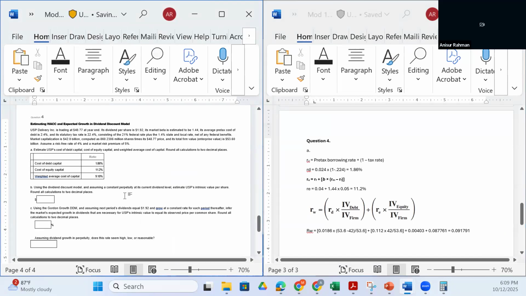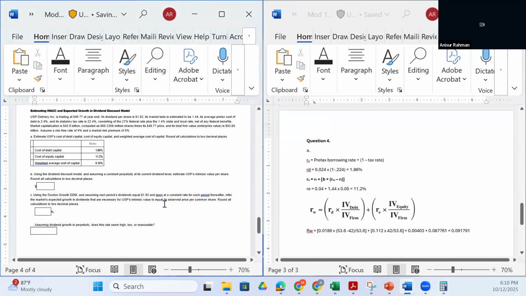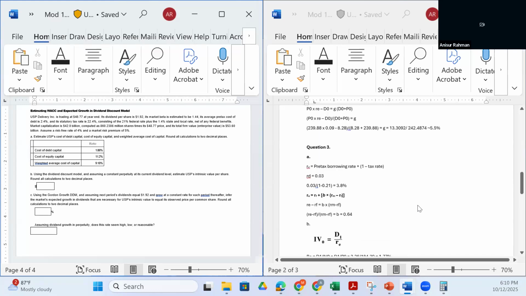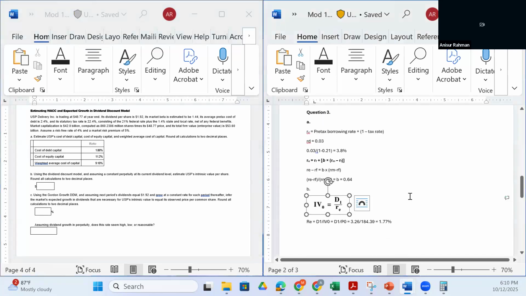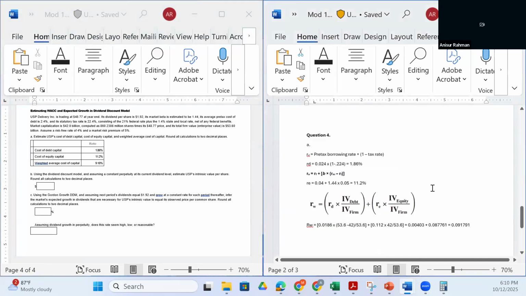Now, using the dividend discount model and assuming a constant perpetuity at its current dividend level, estimate USP's intrinsic value per share. So you have to use constant perpetuity at the current dividend level. So constant perpetuity formula is very simple. This is the constant perpetuity.